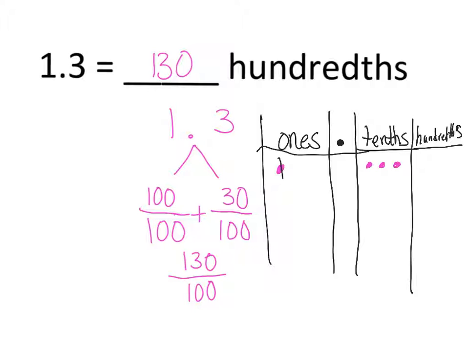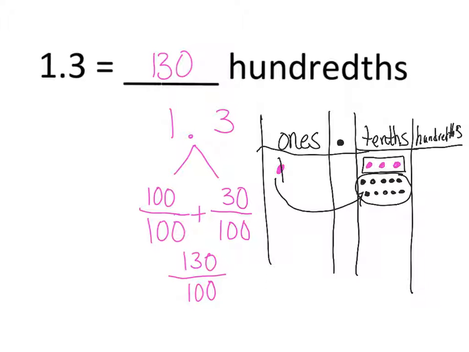So if we take one of these away and move it over to the tenths, how many tenths are in 1? Well, we've got 10, because 10 tenths is 1. 1, 2, 3, so we got 5 and another 5. So we've got 10 and 13.